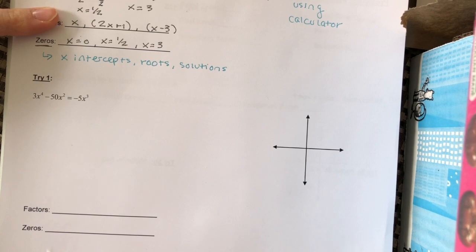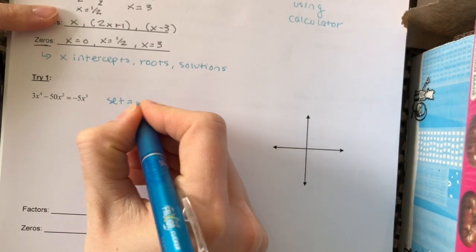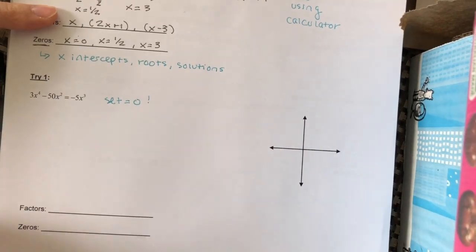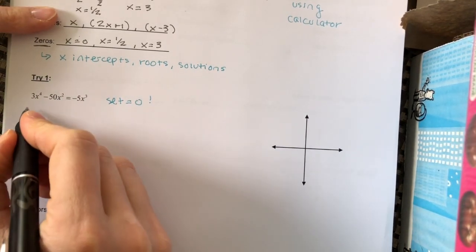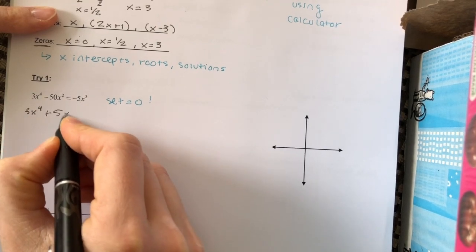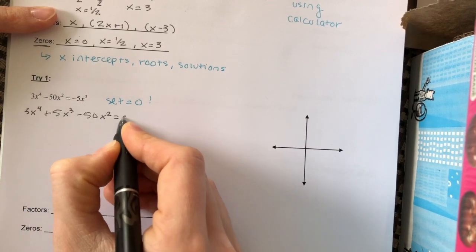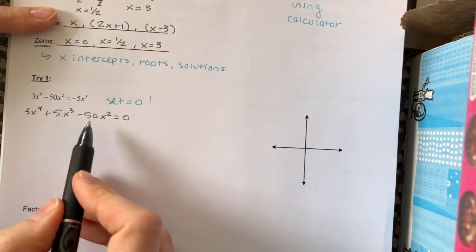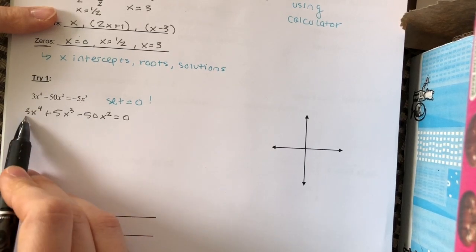Okay, so remember, the first thing I need to do is set equal to 0. That means I need to move this term to the other side. Okay, so I've got 3x to the 4th plus 5x cubed minus 50x squared. And notice that I put it in standard form. That makes it easier to factor. Okay, I noticed that my GCF, well, it could have been 5, but this one's only got a 3.